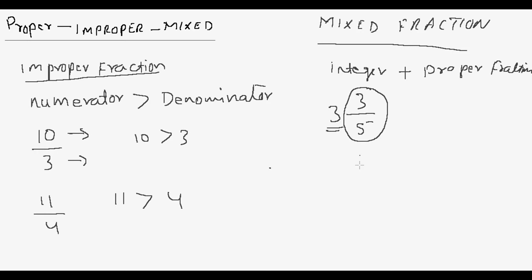This can be written as 3 plus 3 over 5. In this example, 2 2/3, 2 is the integer part and 2 over 3 here is the proper fraction. So a mixed fraction is a fraction that has an integer part and a proper fraction.